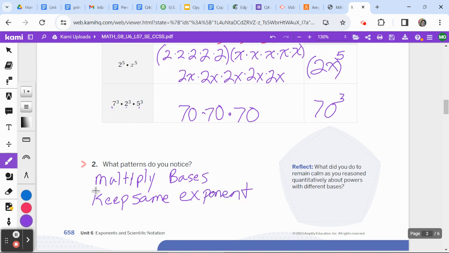Now remember, your base is the bigger number on the left and your exponent's the smaller number on the right. So we multiply the bases out and then we keep the same. So you're not adding or subtracting your exponents this time.